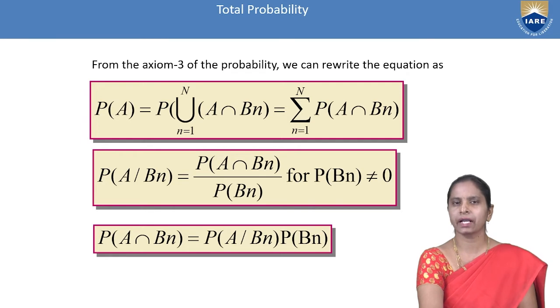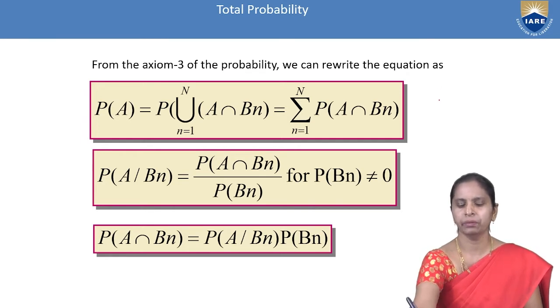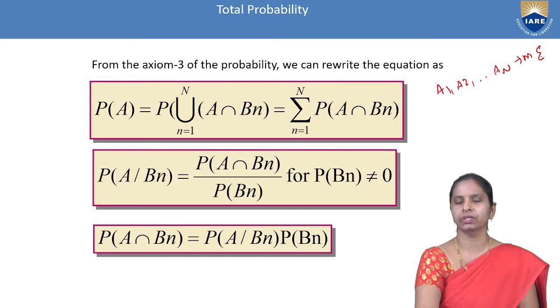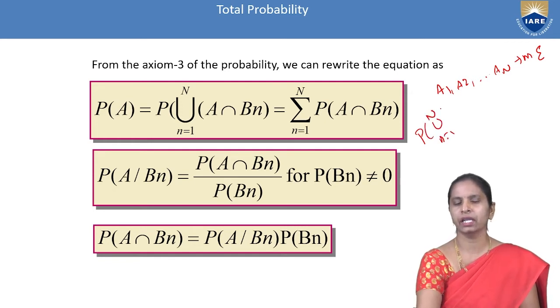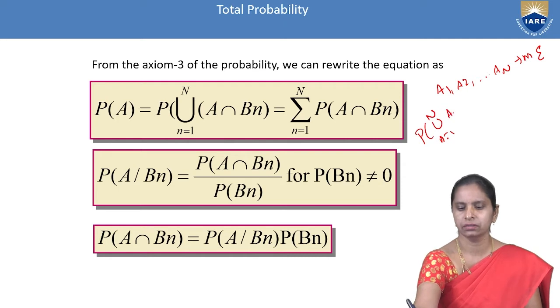What is the third axiom of the probability? If you are having n mutually exclusive events, A1, A2 and so on, An. So, these are n mutually exclusive events. Now, the third axiom of the probability states that the probability of union of these n mutually exclusive events.